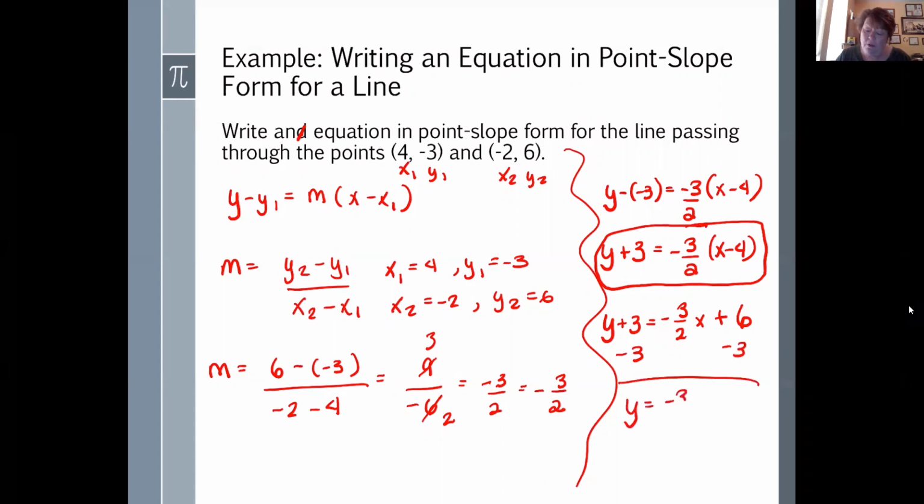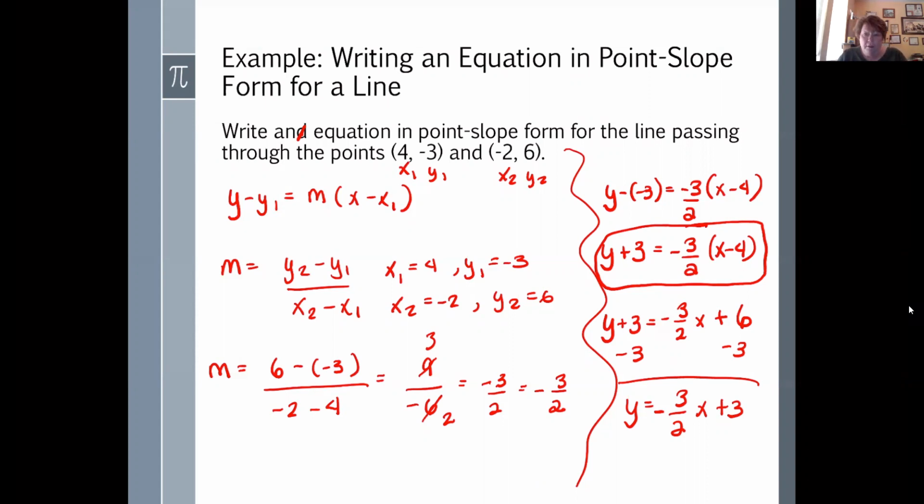And here is our equation solved for y. So we get y equals negative 3 halves x plus 3. And again, I'm being sloppy with that negative. I technically probably should put it outside the fraction like this. But again, if you have a negative fraction, that negative could go in the numerator.